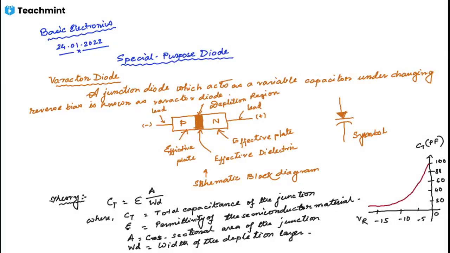For this reason, a varactor diode is sometimes called a voltage control capacitor. So it is called a voltage control capacitor.